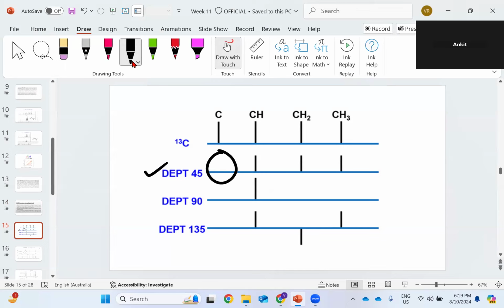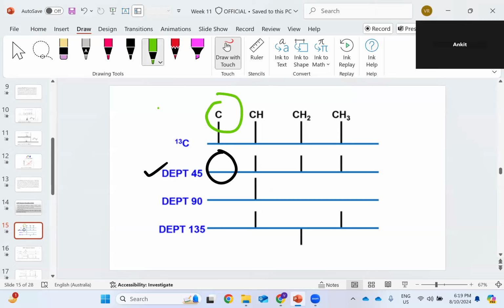This is how the DEPT 45 experiment looks. You record the carbon spectrum, and in the same setup we can give the command for DEPT 45. We can distinguish the quaternary carbon: if a signal is shown in the carbon spectrum but absent in DEPT 45, it corresponds to a quaternary carbon.